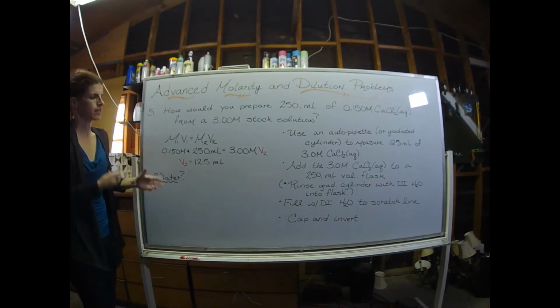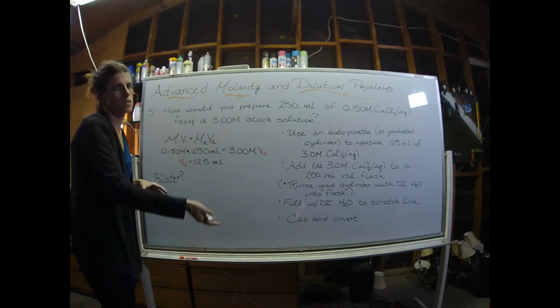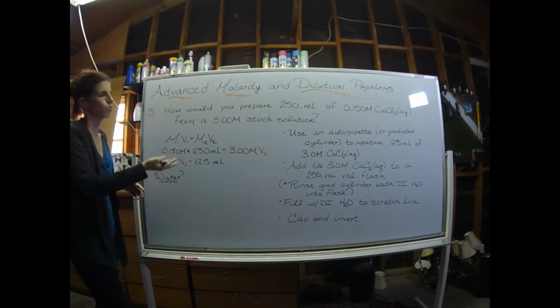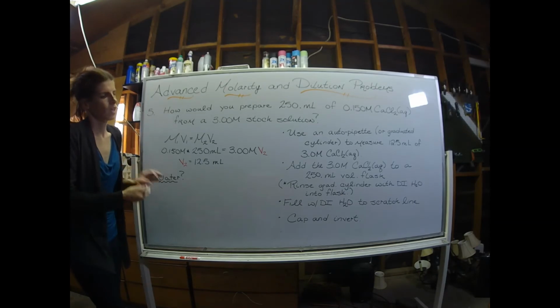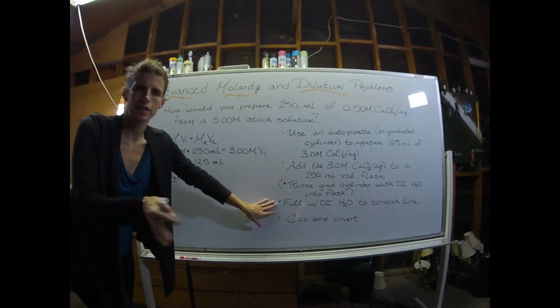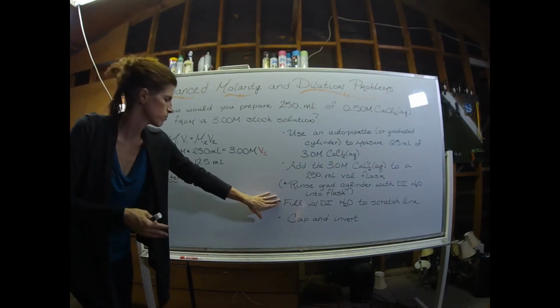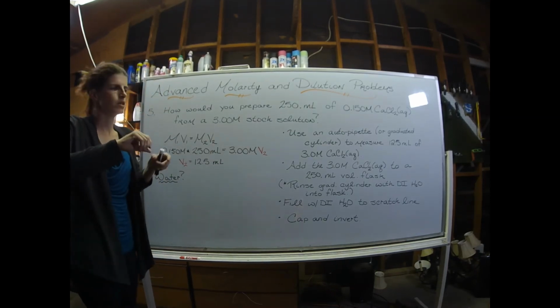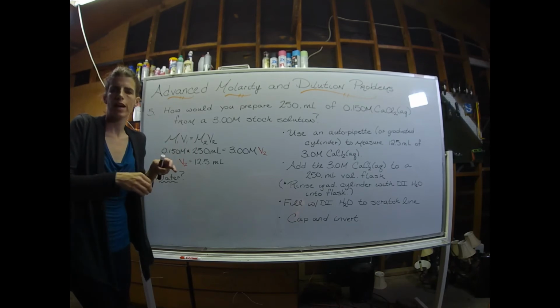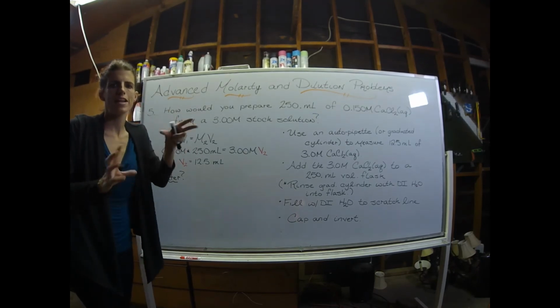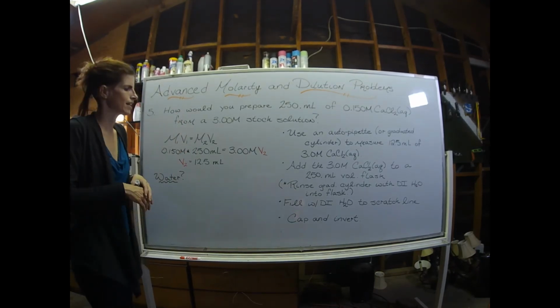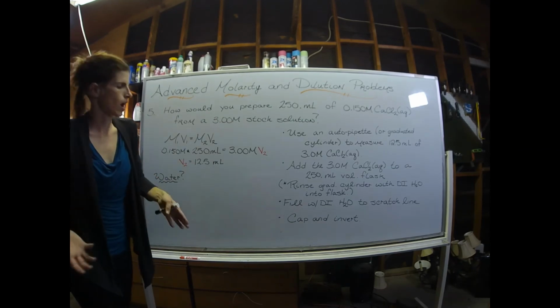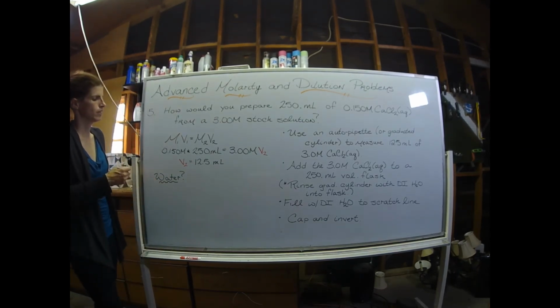So the second thing that we need to think about when doing these dilution problems is how much water should we add? The scratch line is going to take care of it automatically if we use this approach. However, if you just measure out 12.5 milliliters of the 3 molar calcium chloride, throw it into a random beaker or random flask, and you're like, okay, now I'm going to measure out the water. How much water do you need?